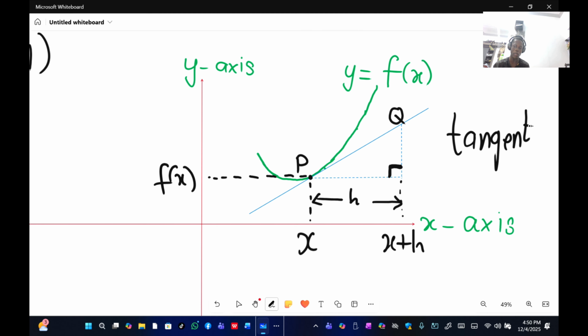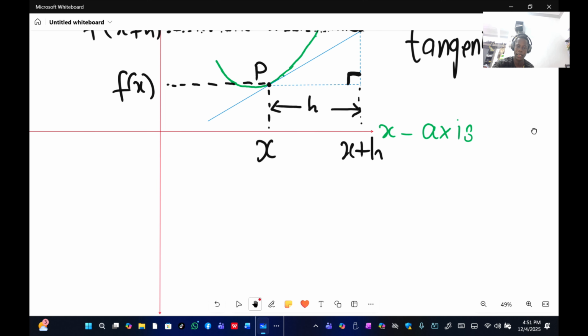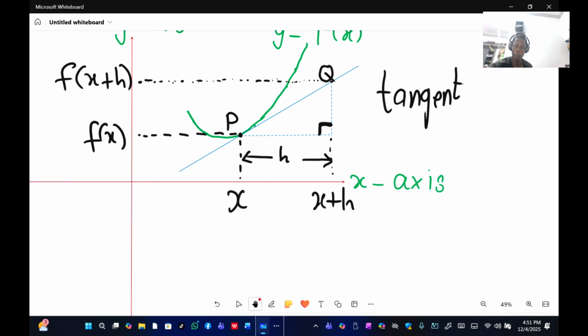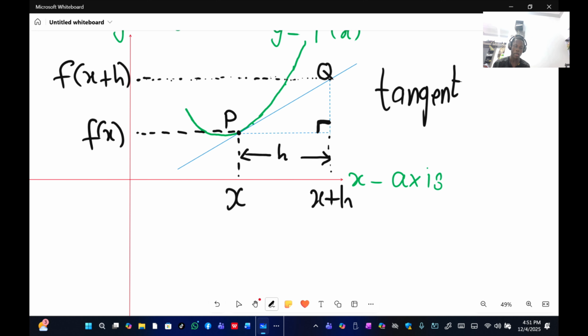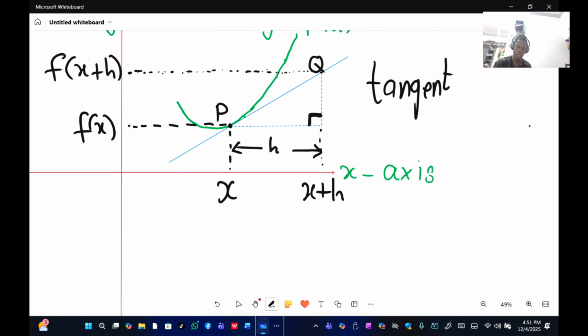All right. Now, let us determine the slope from this diagram. We are going to determine the slope of line PQ. Let me put R over here.